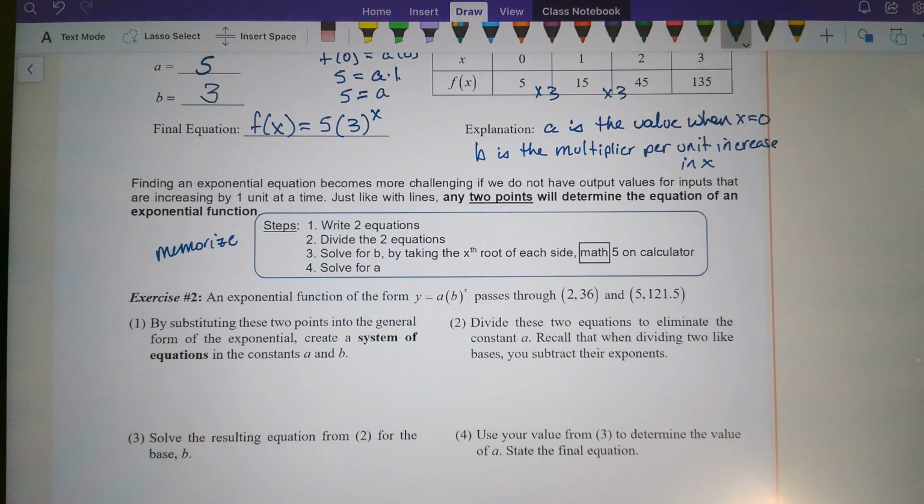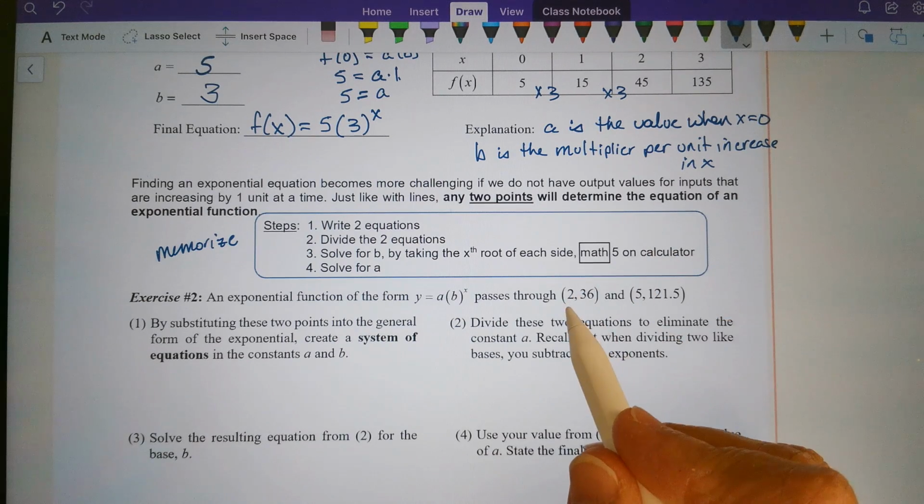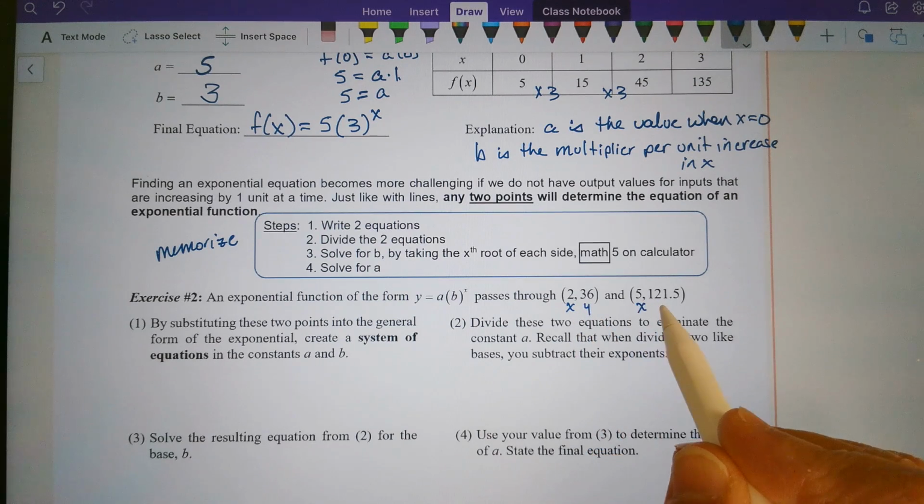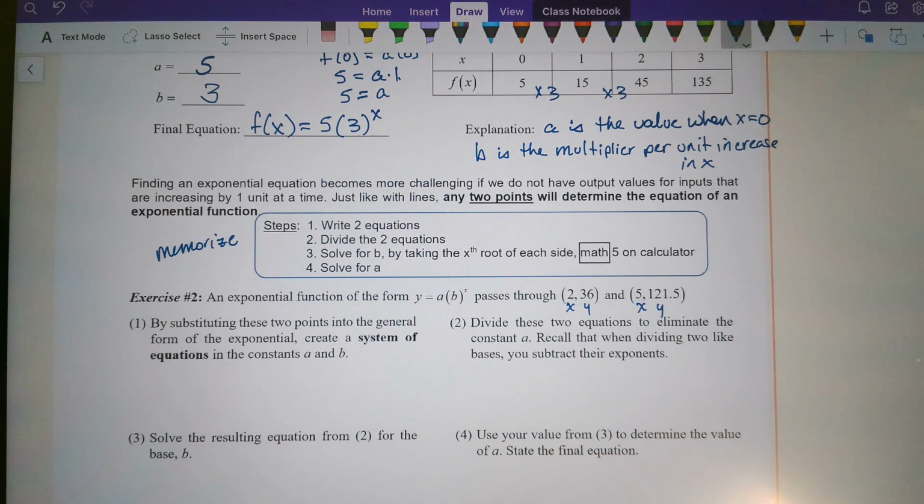First, we write 2 equations, then we divide the 2 equations, we solve for b, and then solve for a. An exponential function of the form y equals a times b to the x passes through the points 2, 36, and 5, 121.5. So this is an x, corresponding y, an x value, and corresponding y.